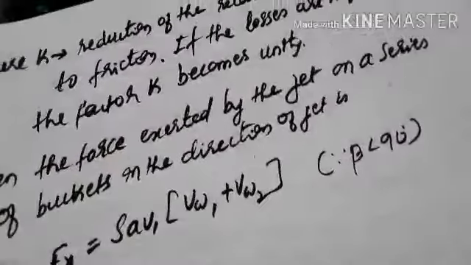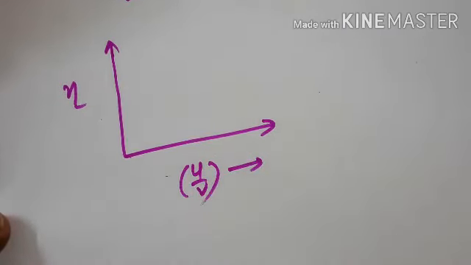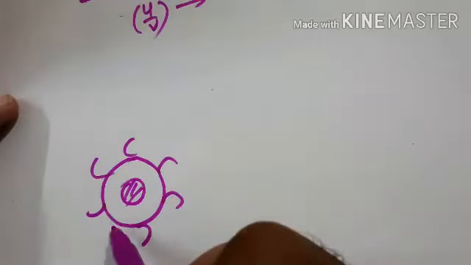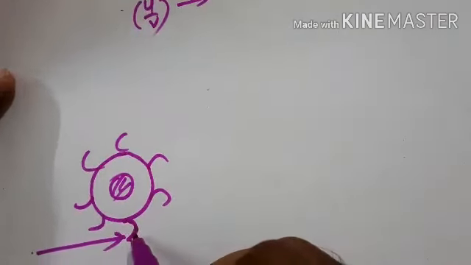But what happens here, if you take the graph, this is efficiency and this is speed ratio, U by V. Suppose this is the impeller, rotor, these are the buckets, and the jet is striking.